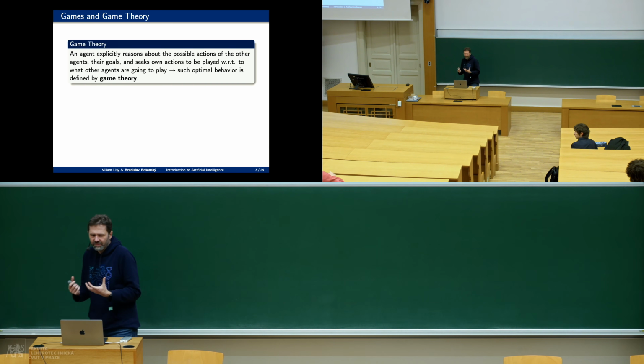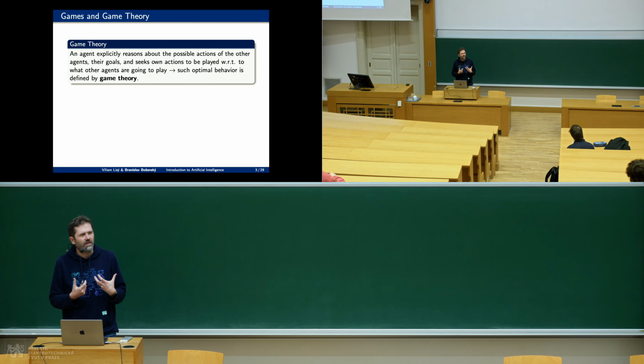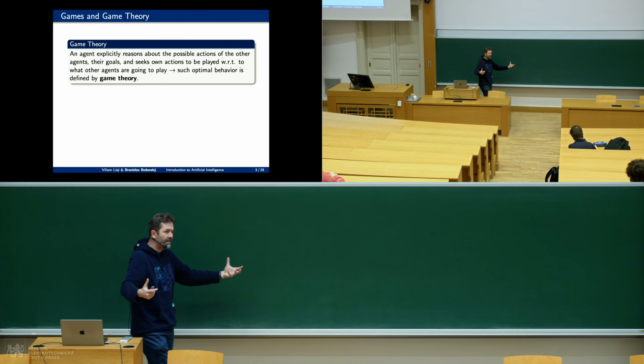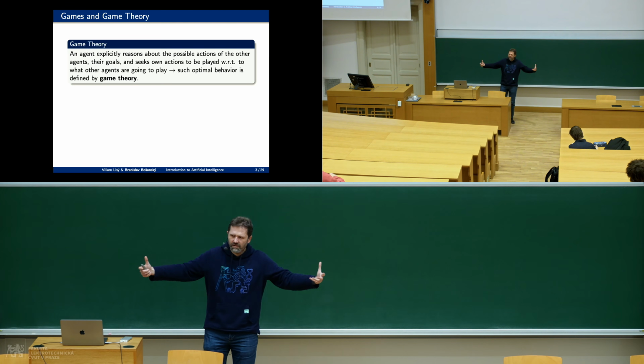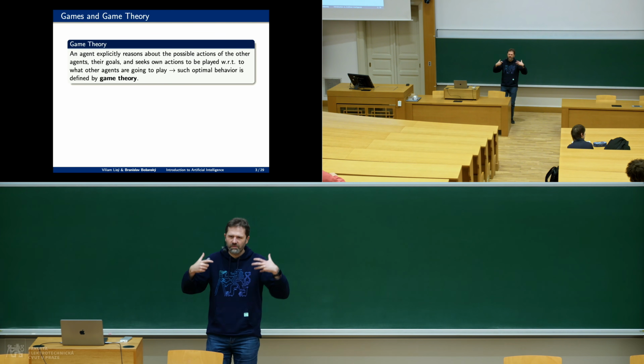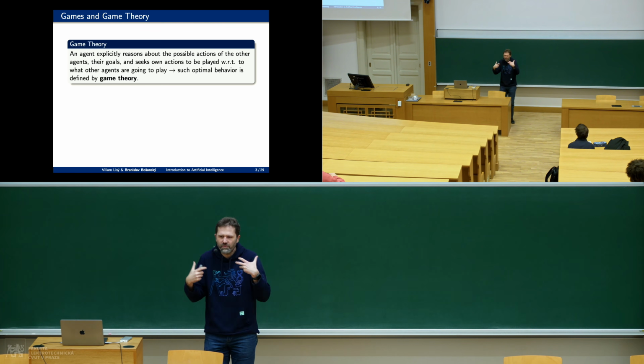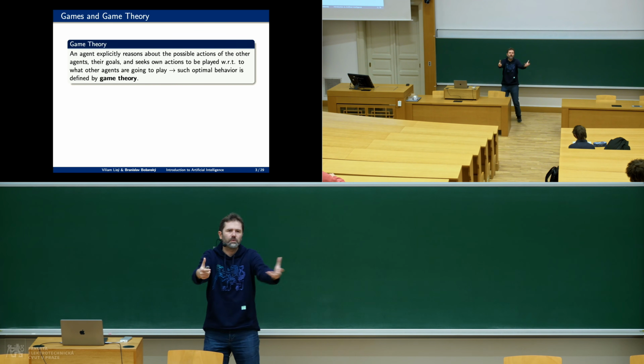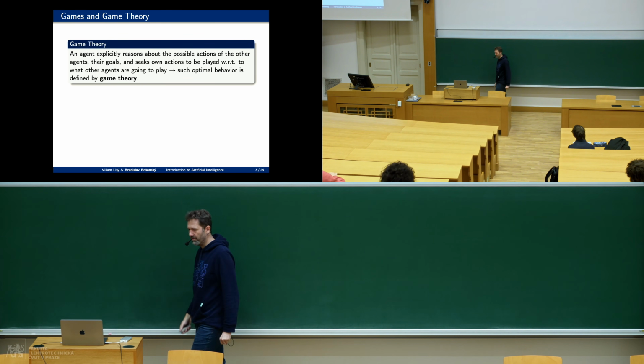So this is what game theory is about. I'm trying to find my best actions, assuming that I'm in an environment with all the other agents, and they are trying to do the same, and I'm trying to assume, okay, if I'm going to act in this way, what are they going to do, and so on and so on.